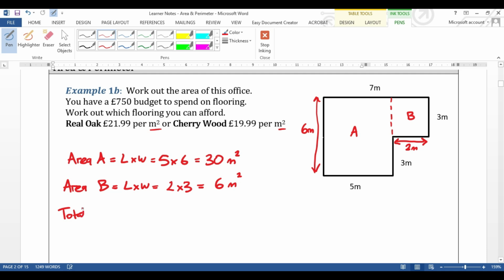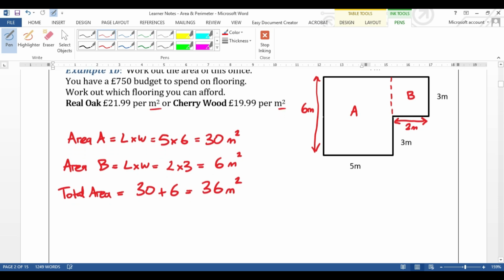So the total area of the whole shape is, add the two areas together, you get 36 meters squared. However you did the area, you should get 36 meters squared. There are other ways. You could have split it this way as well across. There are quite a few ways of working that out.